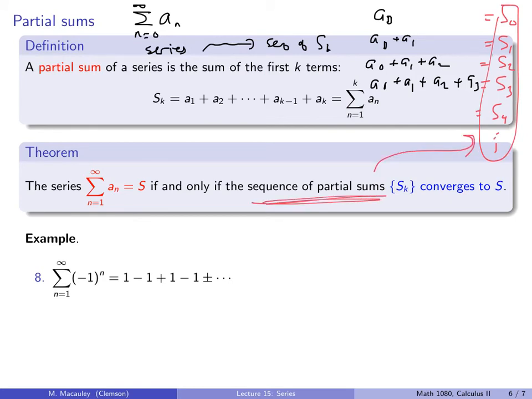So we can ask, does that sequence of numbers converge to anything? If it does, that's what the series converges to.